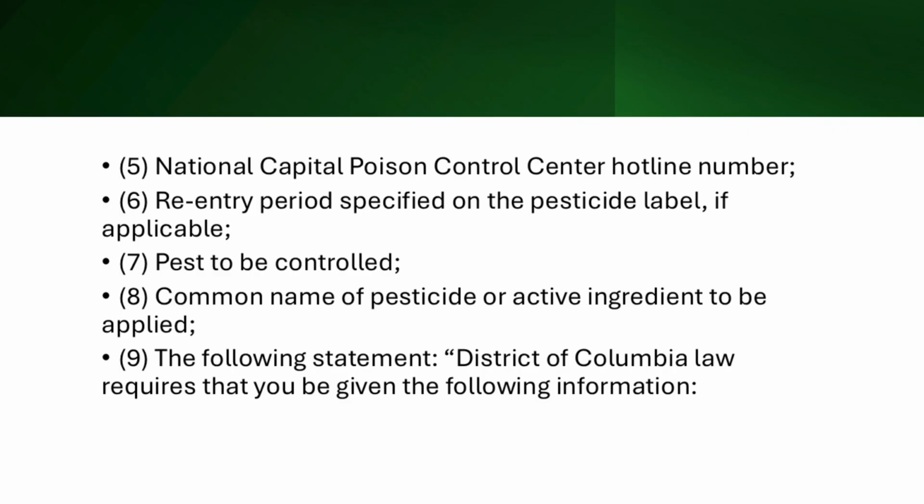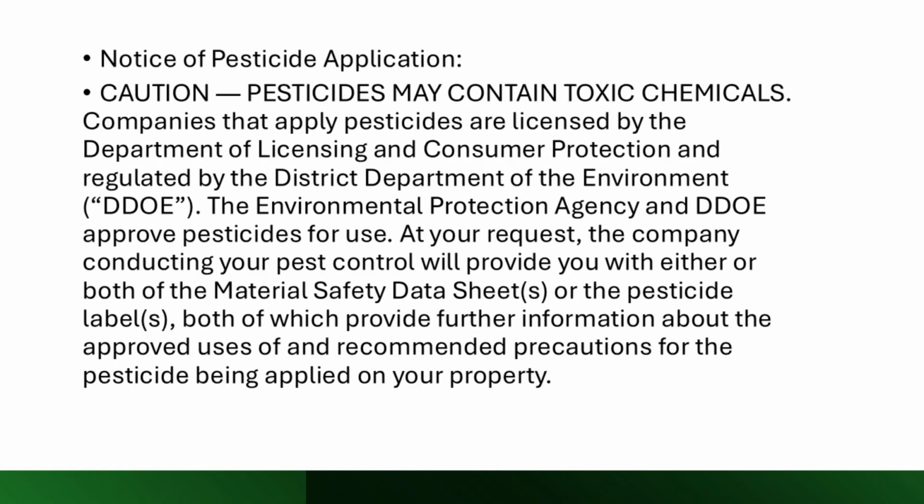9. The following statement. District of Columbia law requires that you be given the following information. Notice of pesticide application. Caution. Pesticides may contain toxic chemicals. Companies that apply pesticides are licensed by the Department of Licensing and Consumer Protection and regulated by the District Department of the Environment, DDOE.